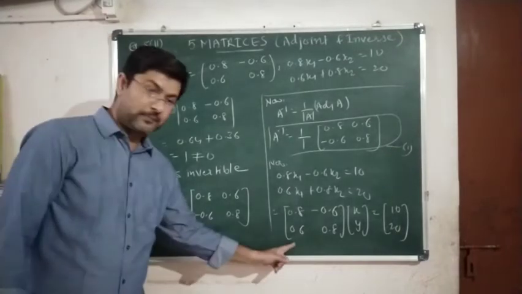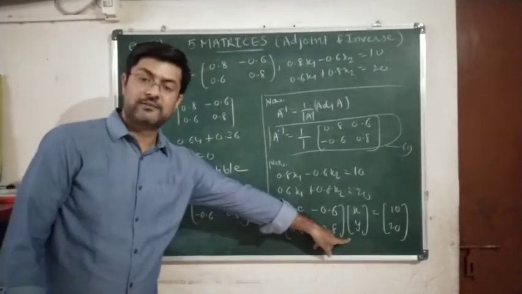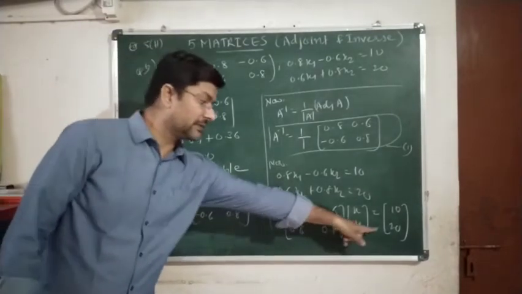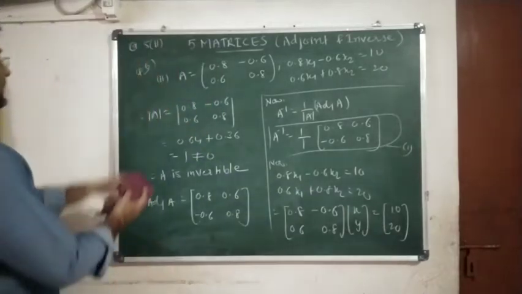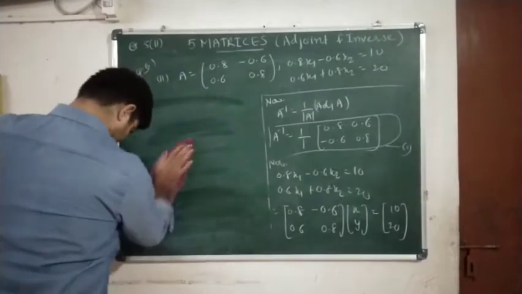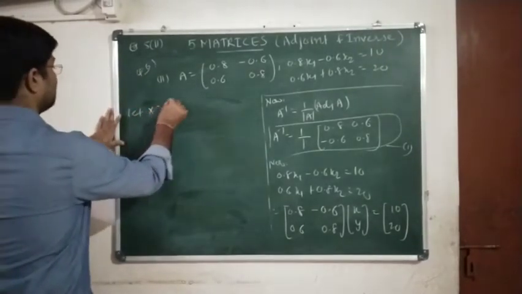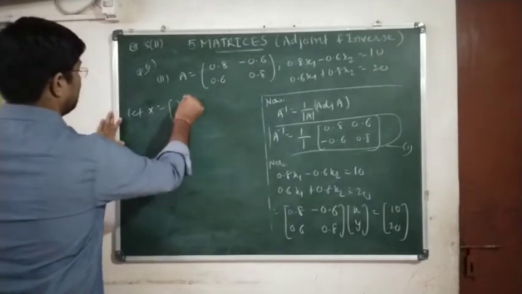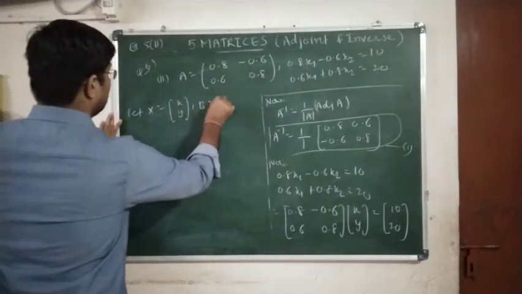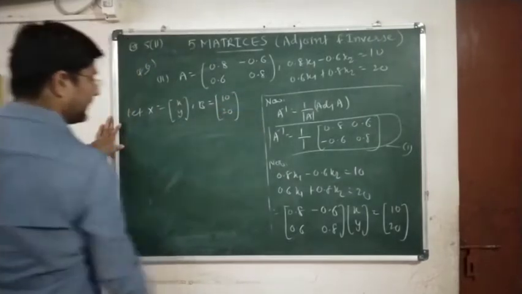Now the first matrix is obviously matrix A. The second matrix we will consider to be X and the third matrix to be B. So let us write down: let X be the matrix containing x, y and B be the column matrix containing 10, 20.